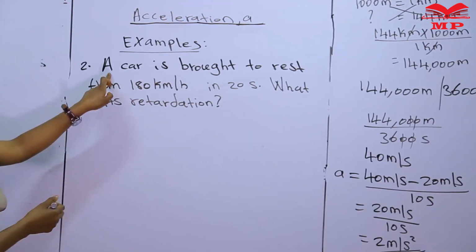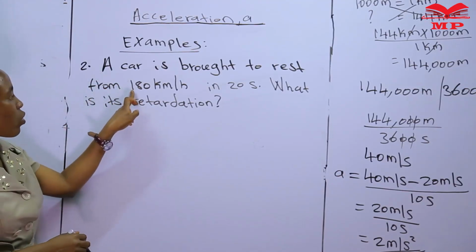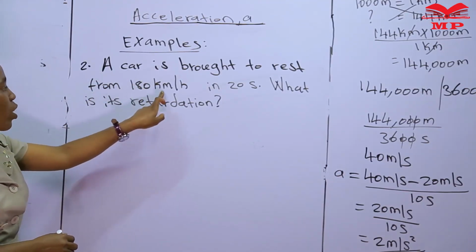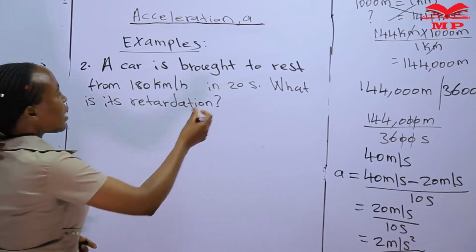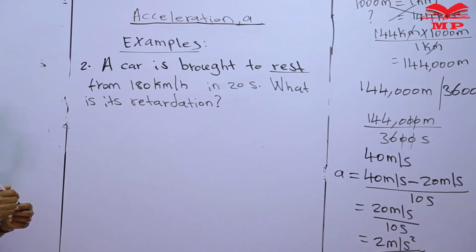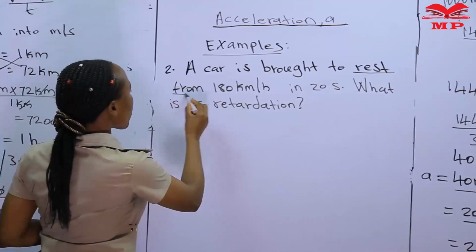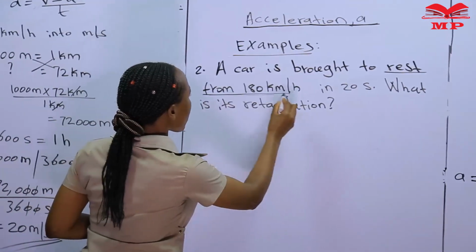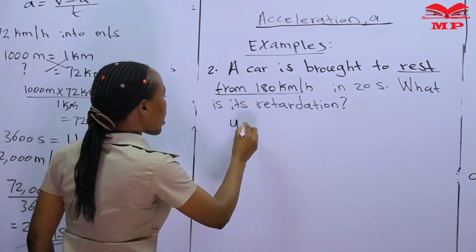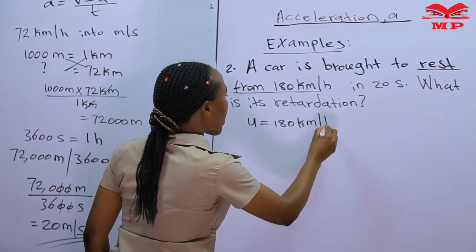So we have this car initially traveling at a velocity of 180 kilometers per hour, and then it is brought to rest. When it is brought to rest, it simply means that the velocity at rest is 0 meters per second. So the initial velocity is 180 kilometers per hour.